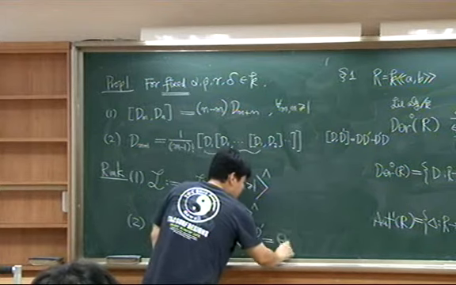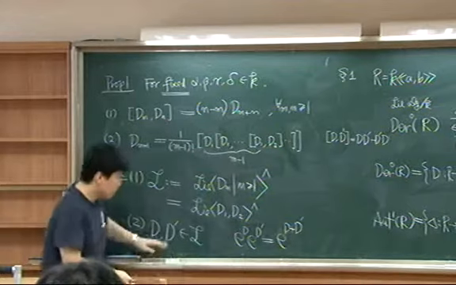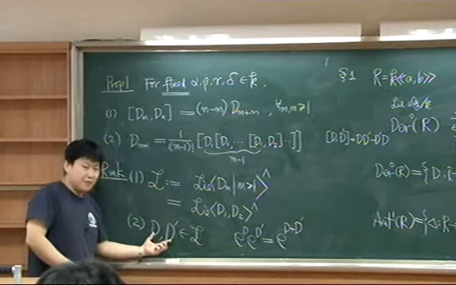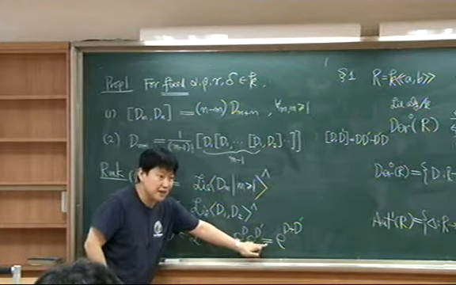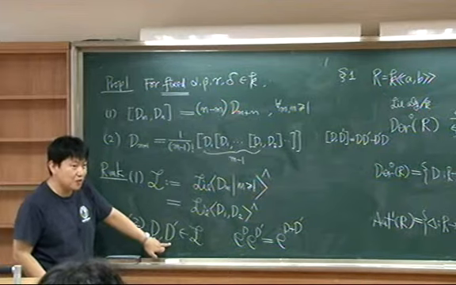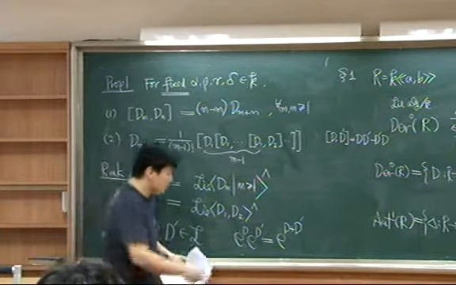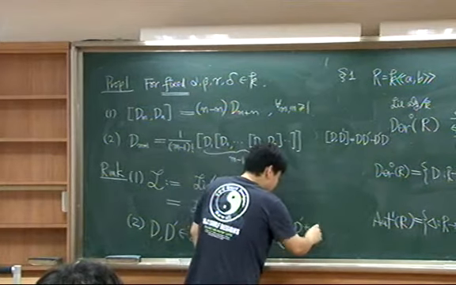But this is wrong in general. If D and D prime commute with each other, then this formula is true. But in our case, D and D prime may not commute, so this formula doesn't hold. So we need an extra term.